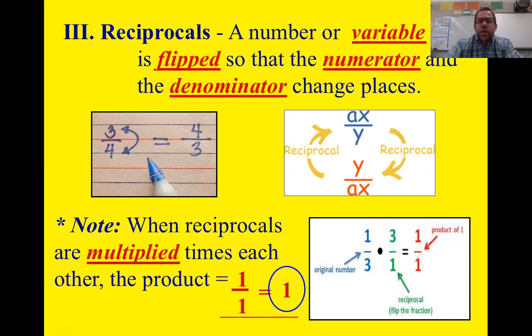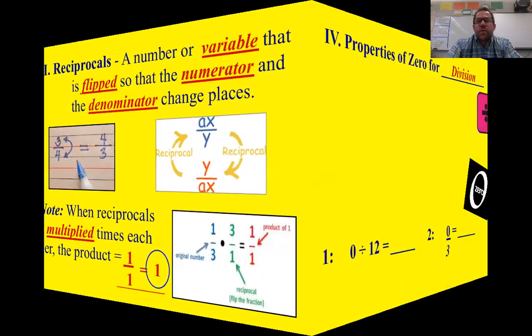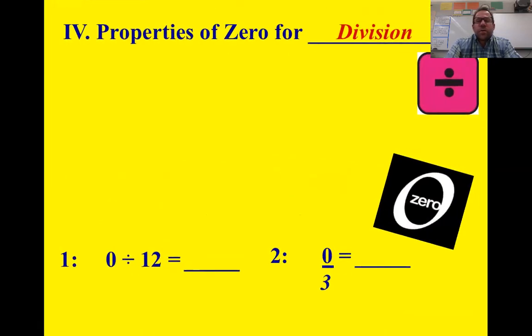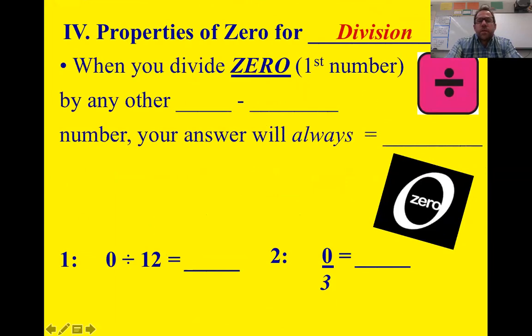Okay, so we have absolute value, we have opposites, we have reciprocals, and now we've got properties of 0 when dividing. The reason I'm going over this is a really simple concept, but students goof it up all the time. Okay, so there's 2 different properties for 0 when you're dividing. The first rule is when 0 is the first number.